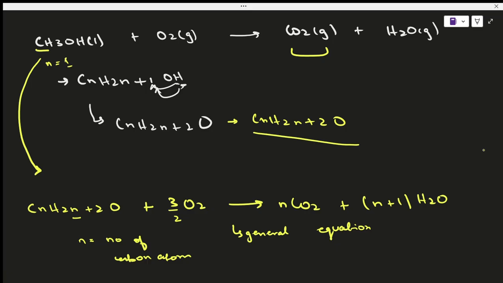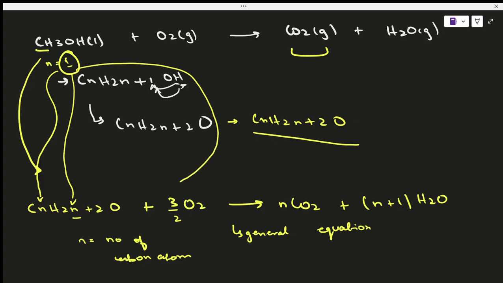The only thing you need to do now is take this n and place it everywhere you have an n. I just made a mistake, I'll correct this quickly: this is basically 3n/2, so you're going to have it here as well, and you place n at this place.